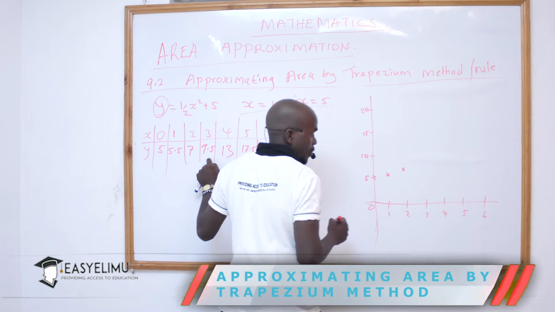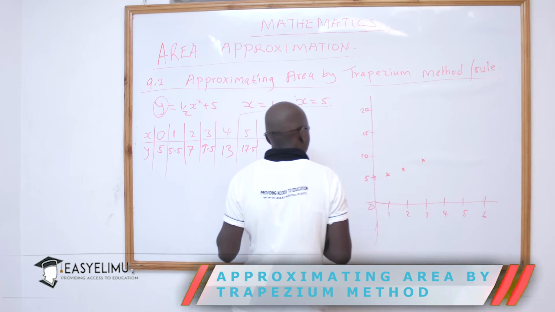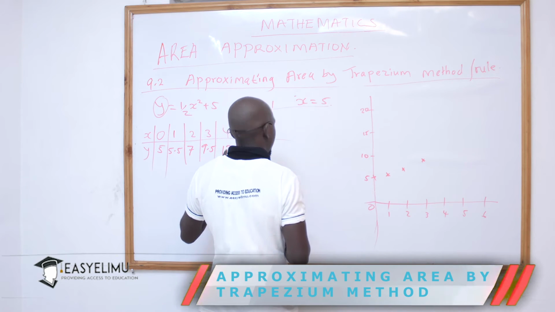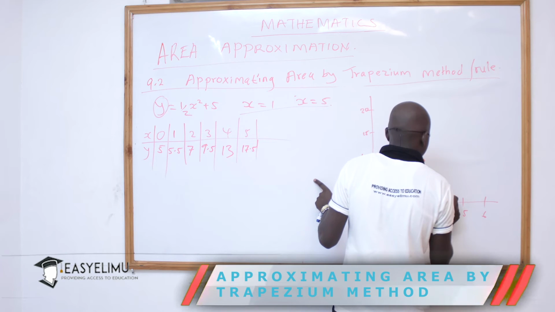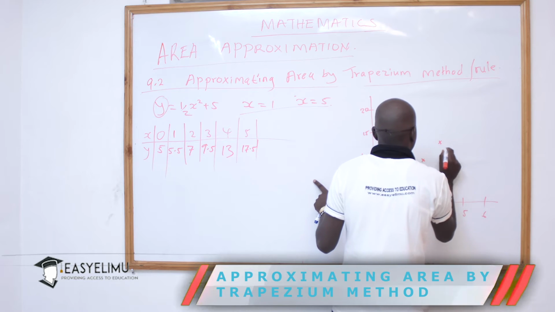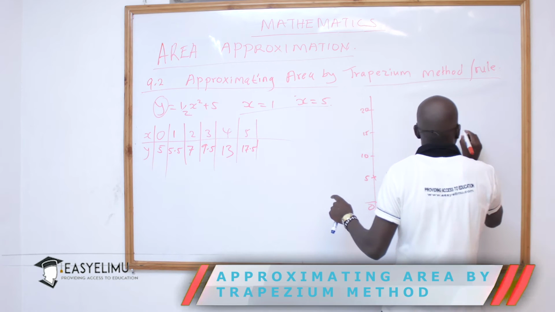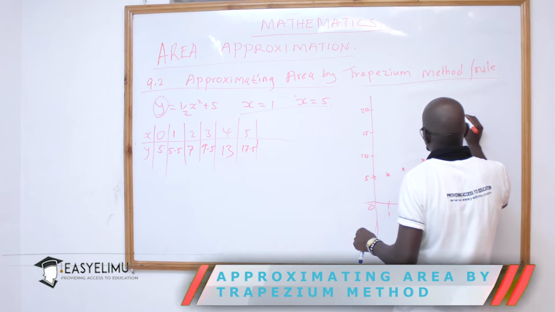And then 3, 9.5, 3 nearly to 10, so 3, 9.5 will be there. 4, 13 is going to be somewhere here. And then 5, 17.5 is going to be somewhere here.